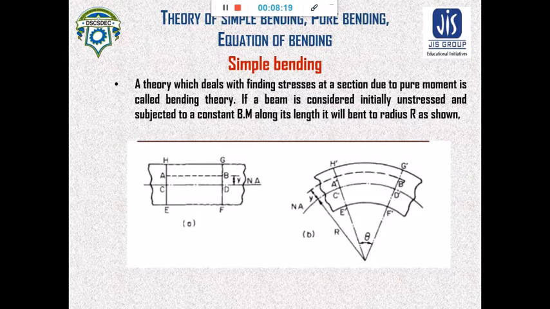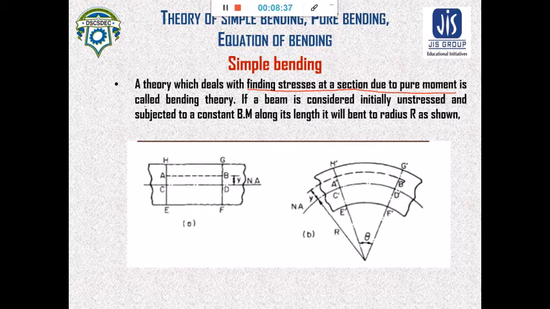For that, first we need to understand simple bending, or the theory of simple bending. The theory of simple bending deals with finding stresses at a section due to pure moment.